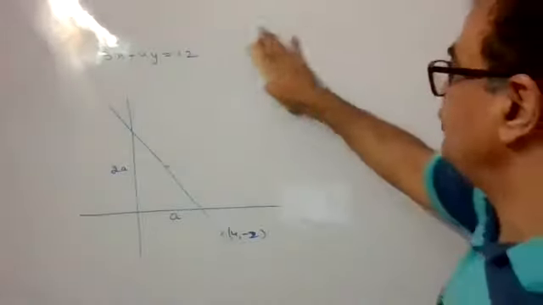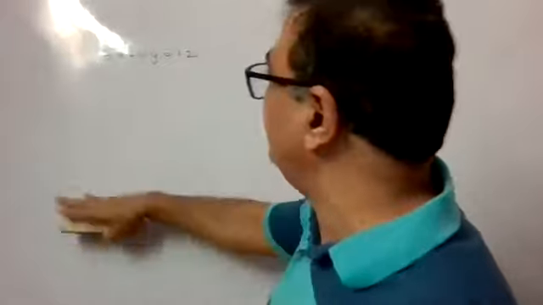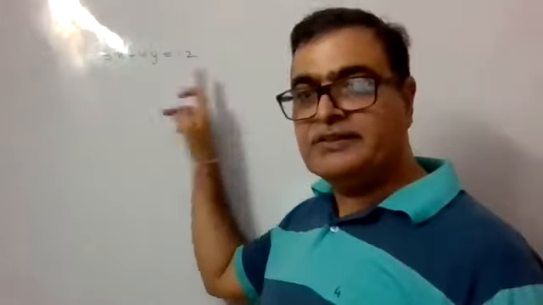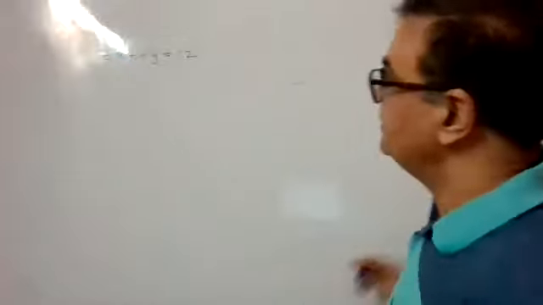You want the equation of that line whose intercept on x-axis is double that of this, and y-axis will be 3 times of it. Whatever intercept this line is making on x-axis and y-axis, we want a new line whose x-intercept will be double than this, and y-intercept will be thrice of this.